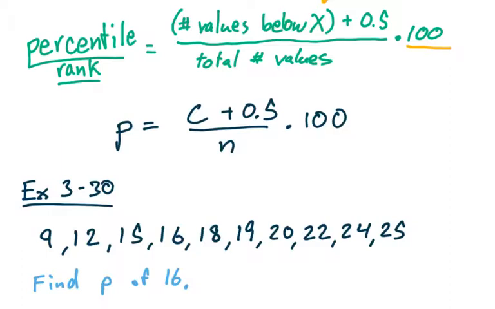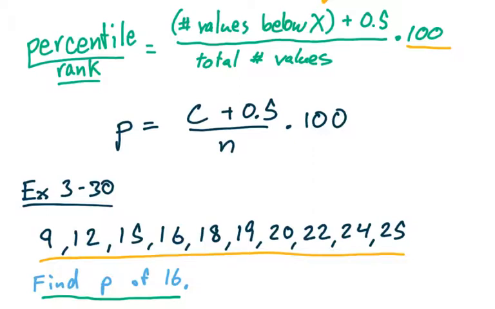They gave us the values, and the first thing I did is recopy them in numerical order from lowest up to highest, and then I decoded the instructions as find P of 16. Here P is going to be the percentile rank. We're not going to confuse that with a probability or a percentage, hopefully.